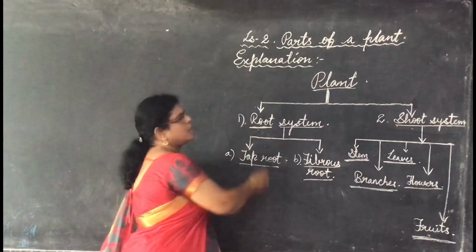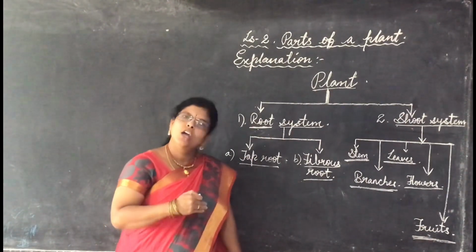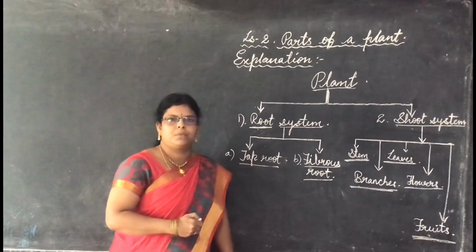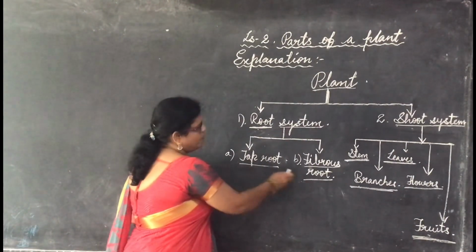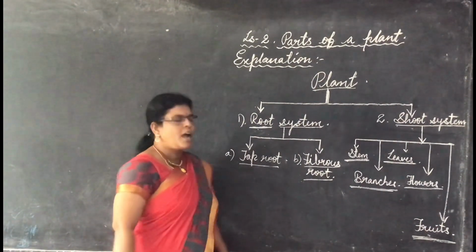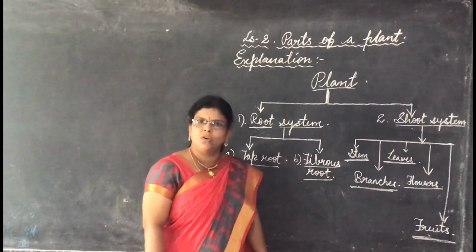What is the root system? The part below the soil is called the root system. And this root system also consists of two types, taproot and fibrous root. Taproot is one main root and fibrous root is like a group of fibers. Okay, children?